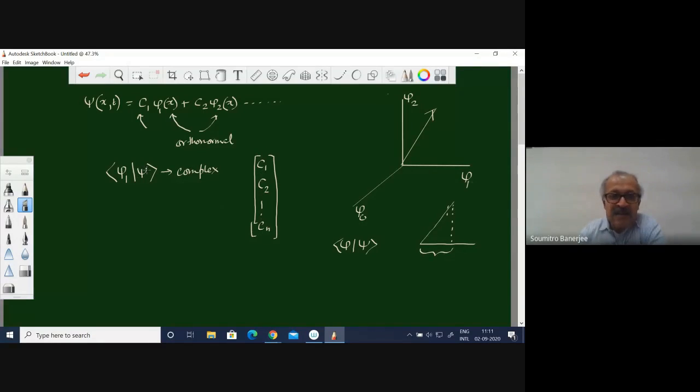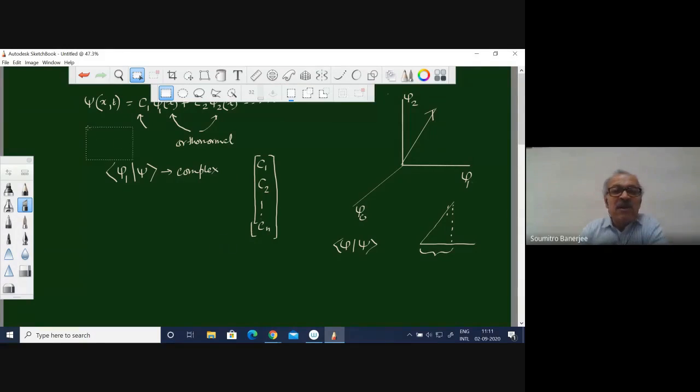So a ket, if that is represented by a column vector, a bra will be represented by a row vector. And not only that, in order to get the dot product correctly, you will have to take the complex conjugate. So let me erase this part, then it would be easier for me to work out.